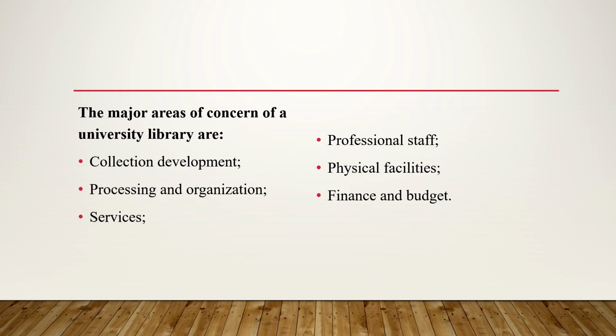The major areas of concern for every university library include collection development and organization of library materials, library services, professional staff, physical infrastructure, finance and budgeting. Proper management of these areas ensures smooth functioning of the library.